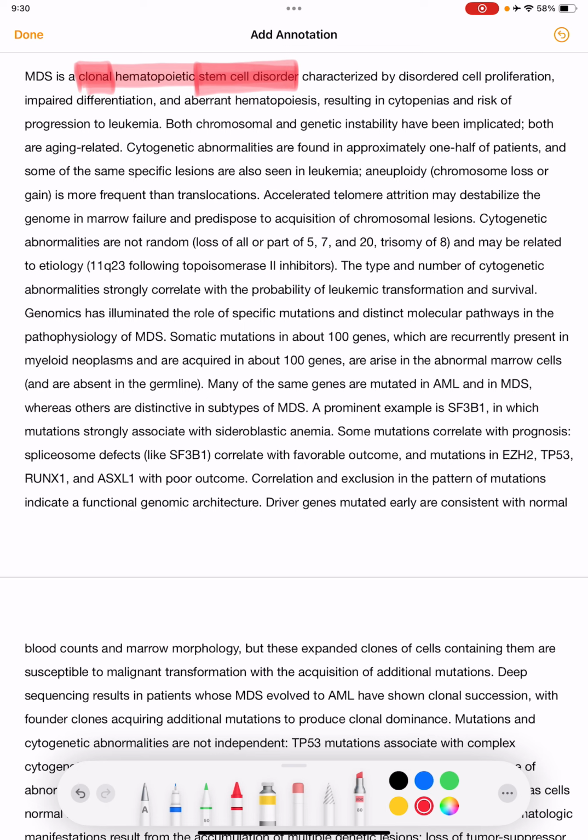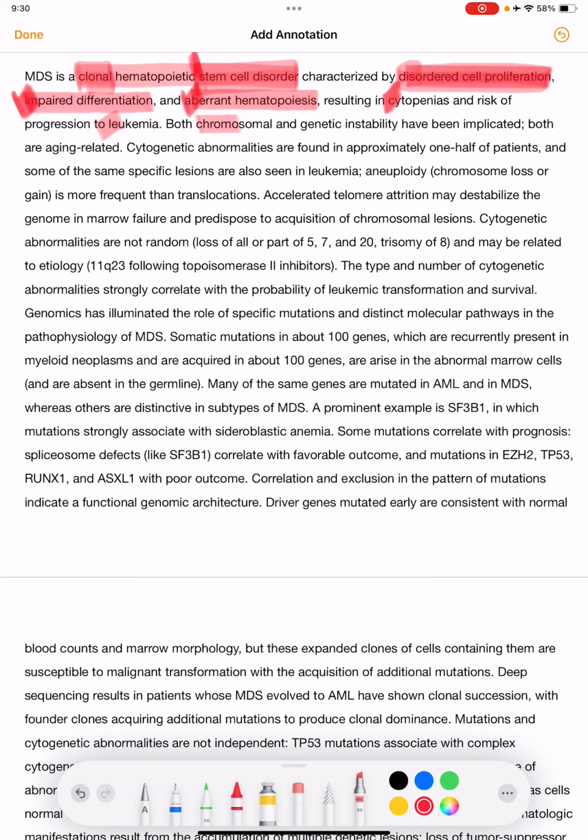It is characterized by disordered cell proliferation, impaired differentiation and aberrant hematopoiesis. This will result in cytopenias, and there is also a risk of leukemia.